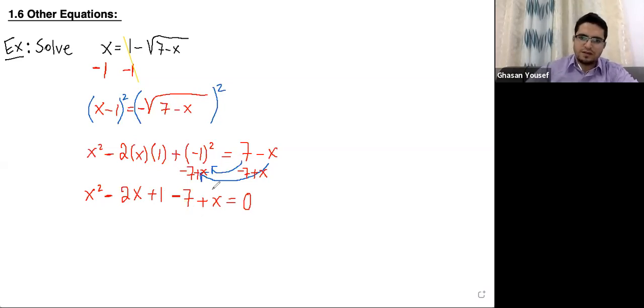Now I will simplify it more. So I get here x squared minus 2x plus x, which gives me minus x. Plus 1 minus 7 gives me minus 6, equals 0.